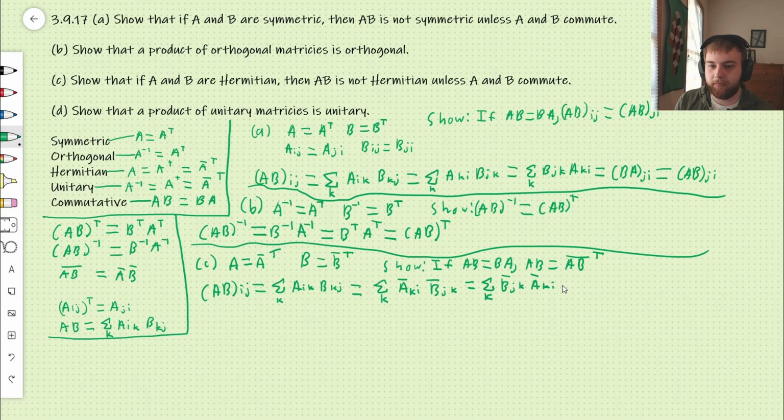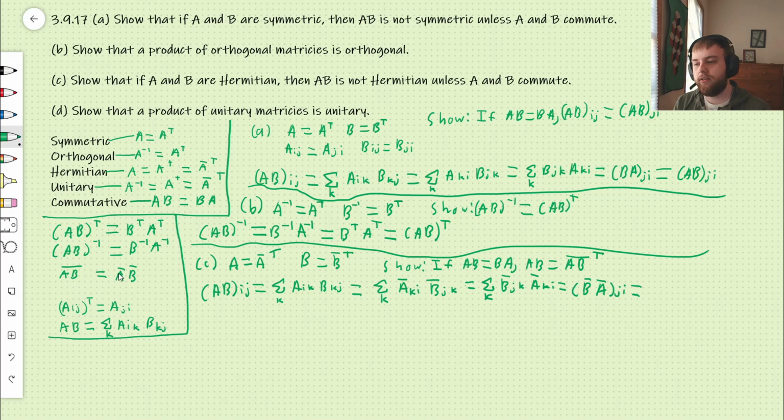Anyway, now we can rewrite this, using this formula again, as the complex conjugate of B, complex conjugate of A, the jth, ith element.